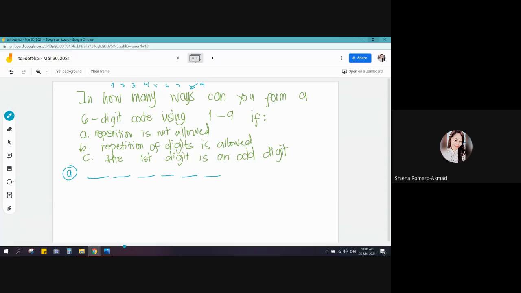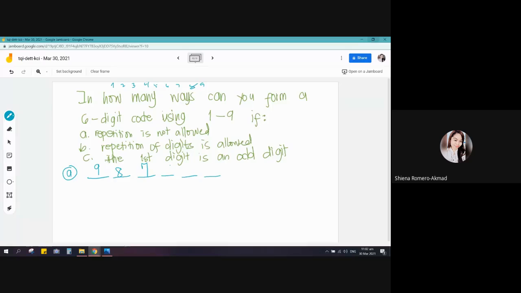Sa una, if repetition is not allowed, kung ano yung pipiliin ko sa una, syempre hindi na yun yung sa pangalawa, pangatlo, pang-apat, pang-lima, pang-anim. Kung meron akong 9, meron din akong 9 choices for the first position. Pangalawa, I only have 8.